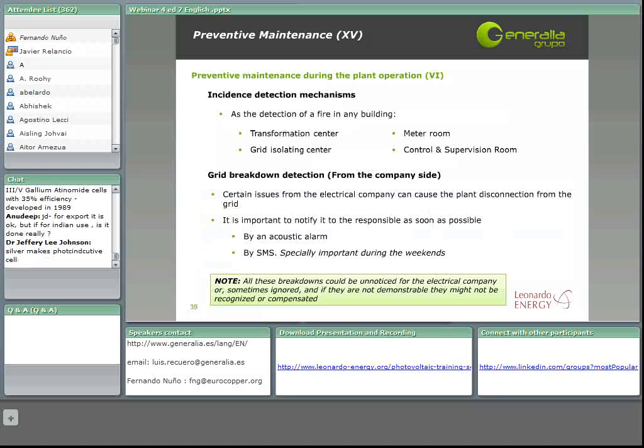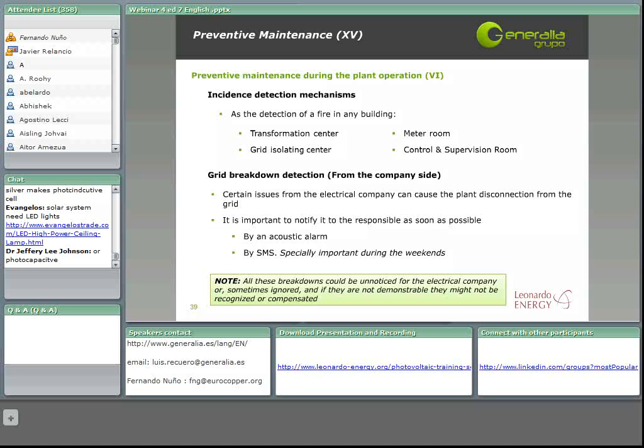A good example of incidents could be the detection of a fire in the transformation center, in the meter room, or in the control and supervision room. This is not very probable to happen, but if it happens, it can produce very hard damage. So, an incident detection mechanism must be installed for this kind of incidents.